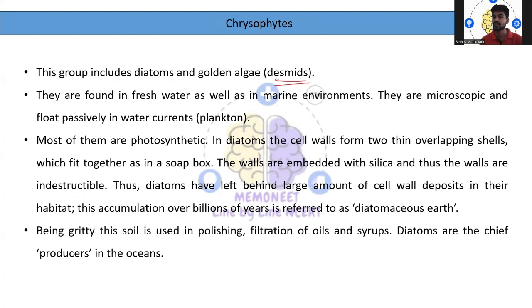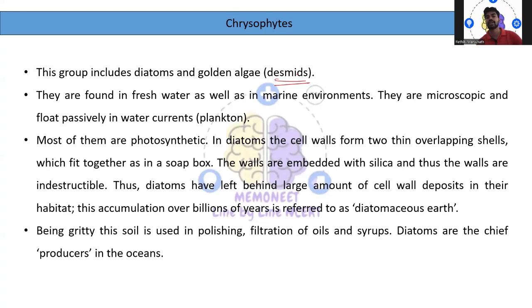They are found in freshwater as well as marine environments. They are very microscopic, that means they can be seen only through the microscope, and they passively float in the water current. Most of them are photosynthetic in nature.